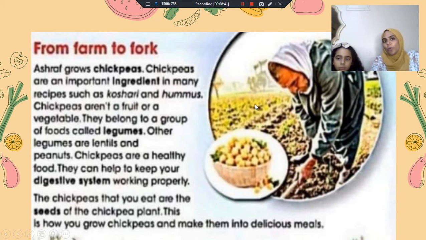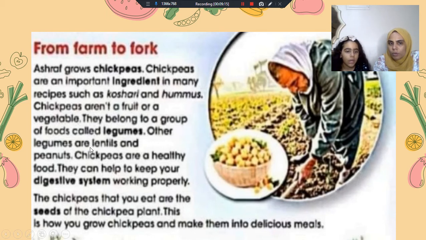Now, Lamar, we are going to read From Farm to Fork. What about the plant that he grows? Chickpeas. Right. So we are going to talk about chickpeas. Read it. A chef grows chickpeas. Chickpeas are an important ingredient in many recipes, such as koshari and hummus. Chickpeas aren't a fruit or a vegetable. They belong to a group of food called legumes.